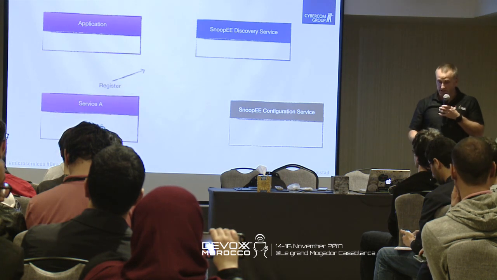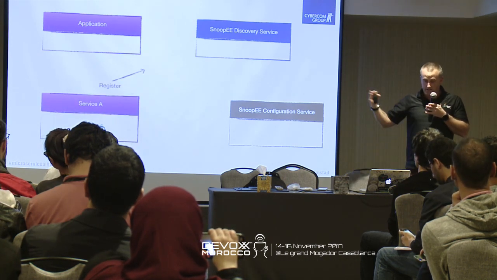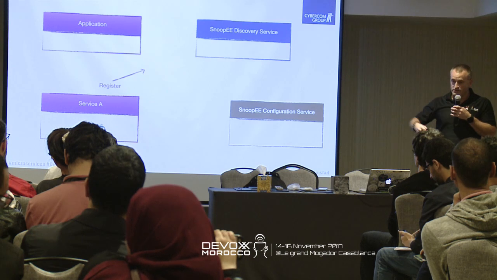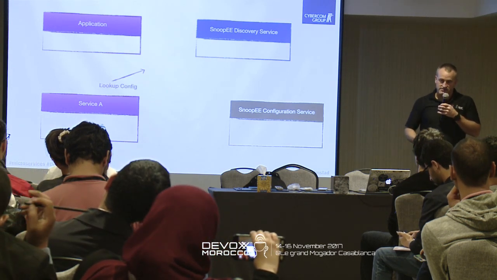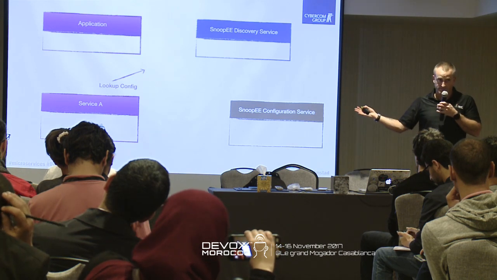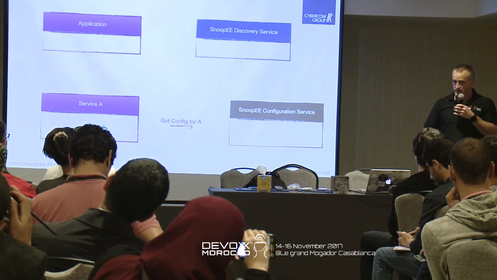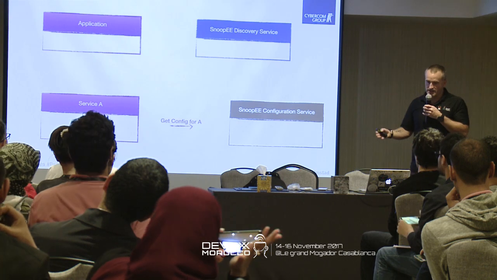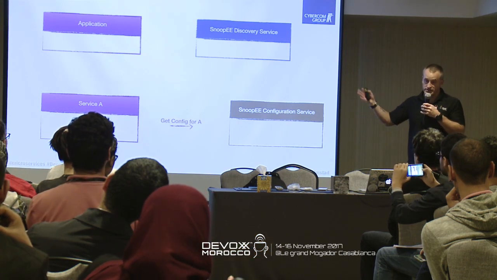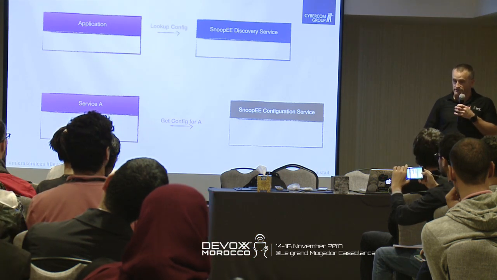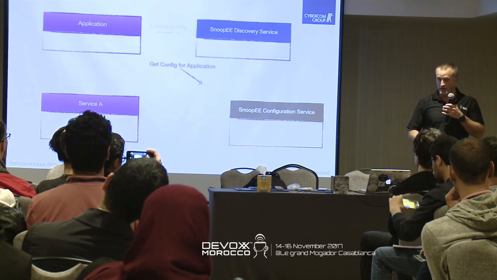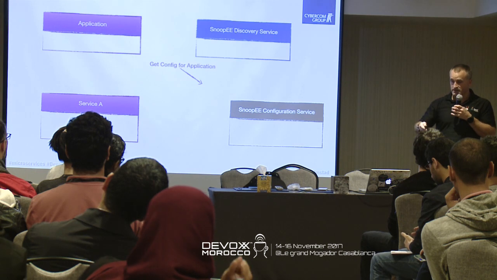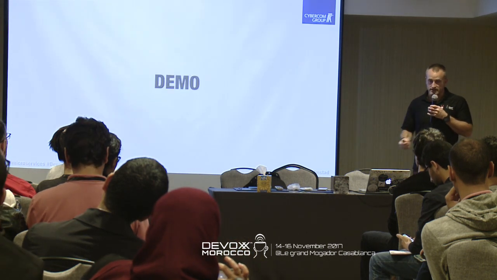Then the application, the different service here, service A, also registers with the discovery service. Then it asks the discovery service, hey, give me the config. And then it gets a reference to the config service, and then it says, hey, give me my configurations. And it gets its configurations. And then the application can look up config and get the configurations it needs to be able to run, and then they can run.